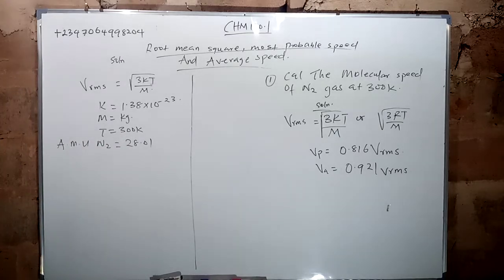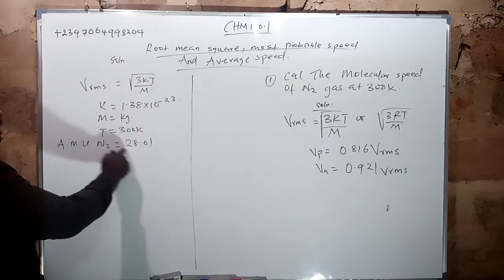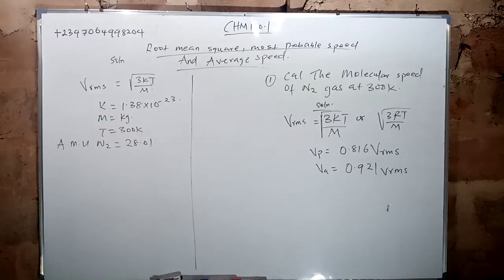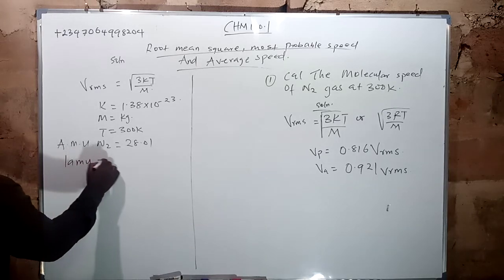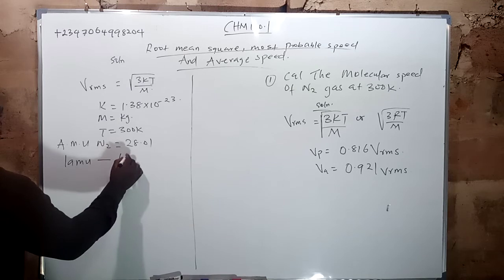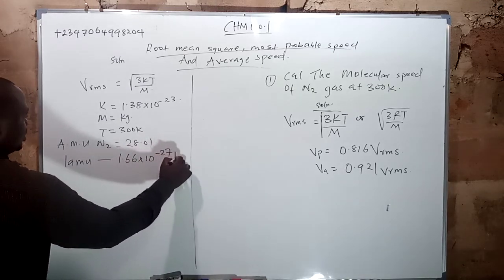But the mass must be in kilogram, not in atomic mass unit. So right now we have to convert from the atomic mass unit to kilogram, and there is a conversion factor for this. 1 atomic mass unit gives you 1.66 times 10 raised to the power of minus 27 kilogram.